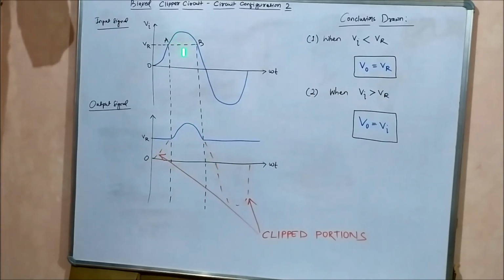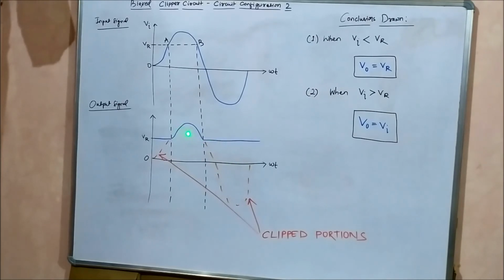The top portion of the positive half cycle is retained, the bottom portion below Vr has been clipped or removed. So it is a positive bias clipper. The negative half cycle is removed because of the circuit connections, but no bits and pieces changes have happened to it. It is entirely removed. So in any type of clipping circuit, a half cycle will either be entirely present or entirely absent.